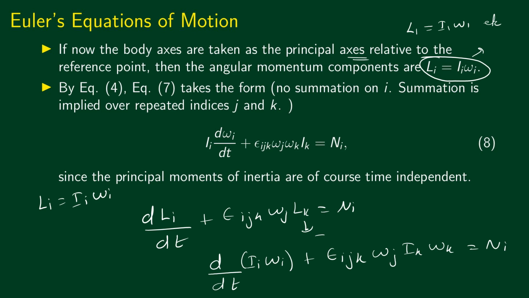Here Ii are the principal moments of inertia and they are constants. So this equation becomes Ii d omega i by dt plus epsilon ijk omega j omega k Ik is equal to Ni. Remember, there's no sum over i here, but there's a sum over j and k in this term.